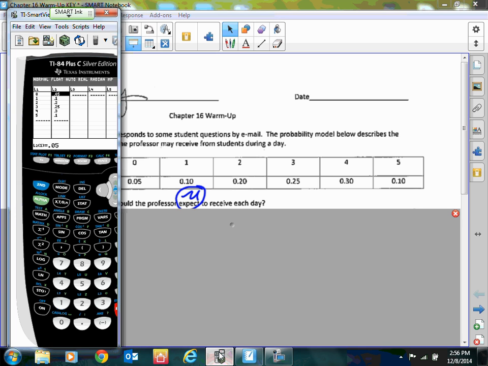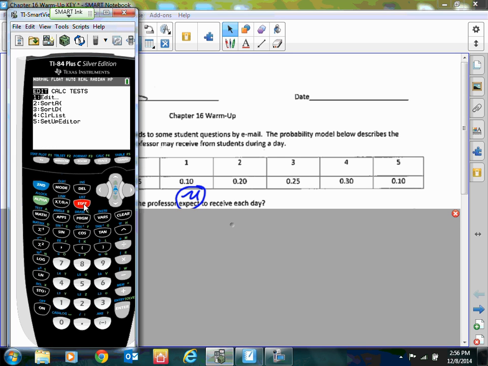After I did that, I went Stat, Calc, one variable stats of list 1, comma, list 2's frequency. I get that by going second 1, comma, which is located above the 7, second 2.